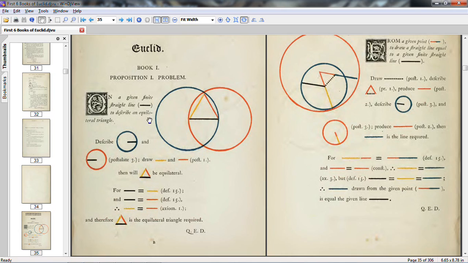All right. Now as you can see, that's a great big O. The way to read this, first I'll read it out loud, and then I'll try to interpret it. Proposition 1, Bravo. On a given finite straight line, black, to describe an equilateral triangle.